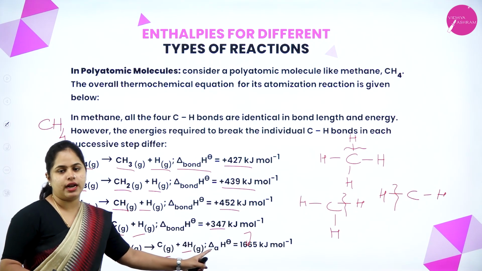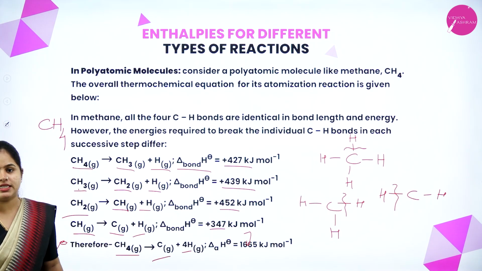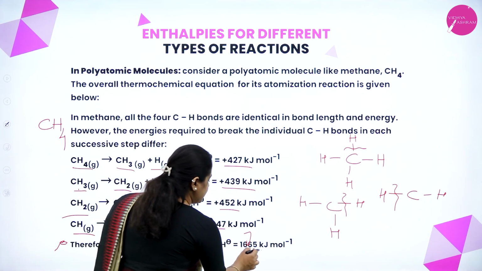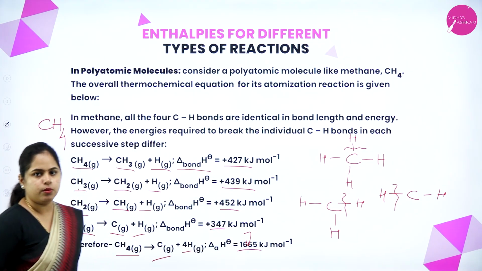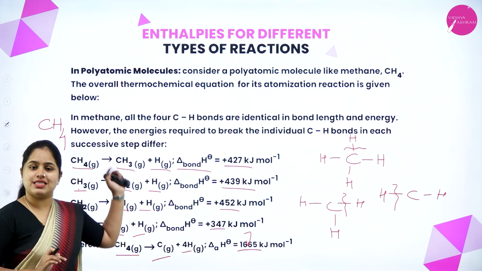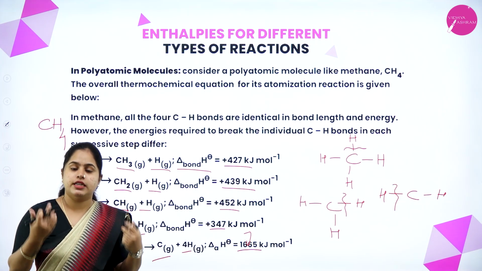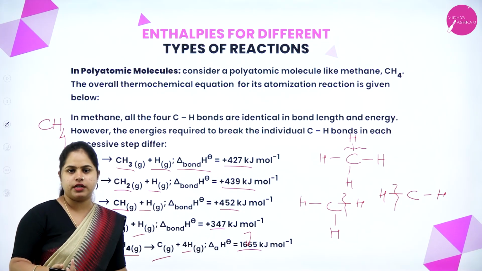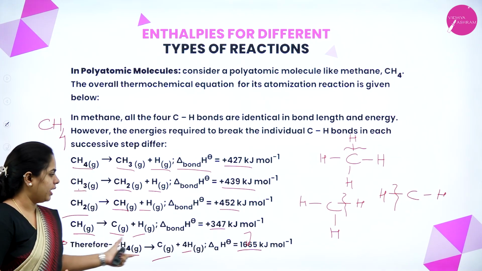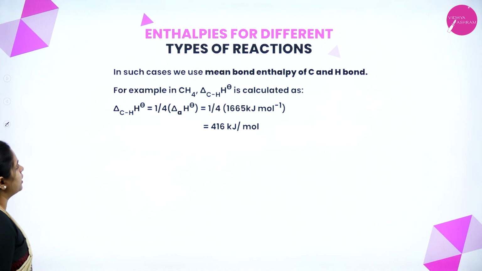C plus 4 atoms of hydrogen. So totally the enthalpy of atomization will be 1665 kilojoule per mole. Okay, so I hope this is clear, right? So this happens in different steps, and the enthalpy of atomization or the bond dissociation energy will be different in each of the steps. So the total enthalpy will be a sum of all this. Clear? Right.